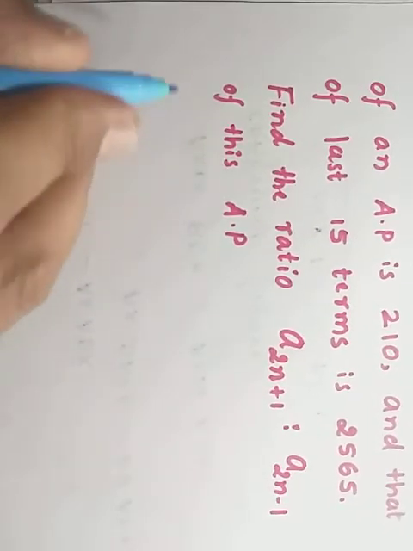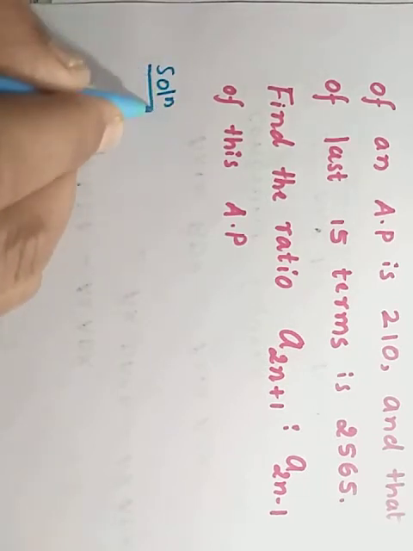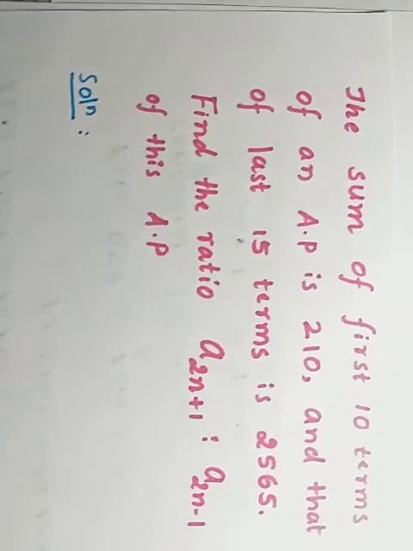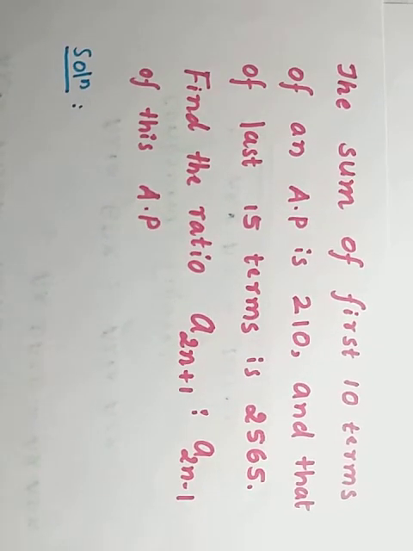We are given the solution to this problem. I repeat the question once again for you. The sum of the first 10 terms of an AP is 210. That means S10 is equal to 210. And that of the last 15 terms is 2565.